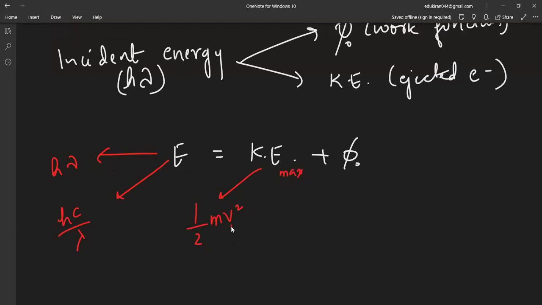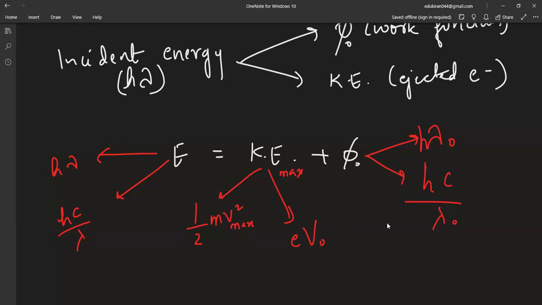For maximum kinetic energy, this is half m Vmax square, or electron charge into stopping potential. Work function is the minimum amount of energy, so a minimum frequency will be required. The minimum frequency is called the threshold frequency. So h nu naught is used, or hc by lambda naught is used. Like this, we have all the energies which are present.